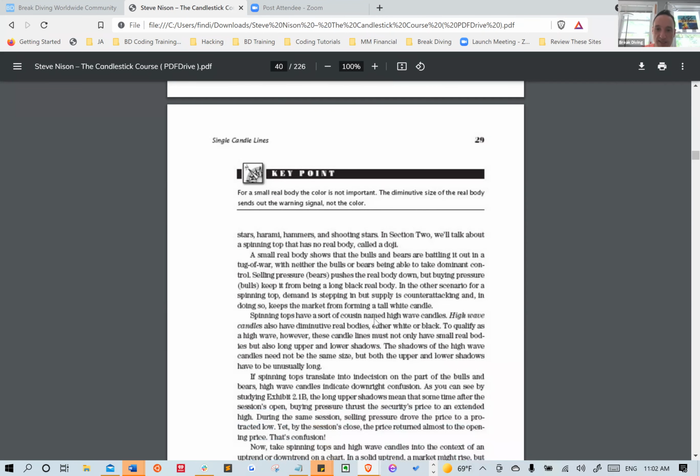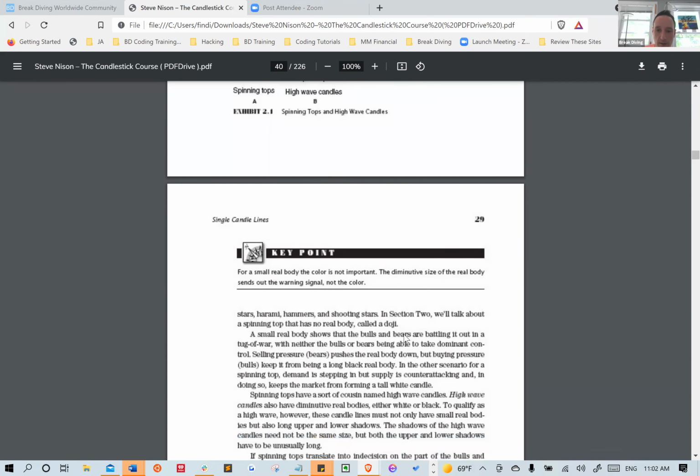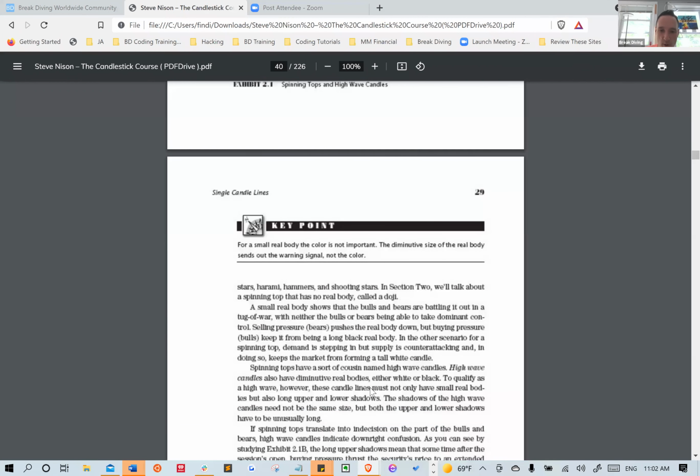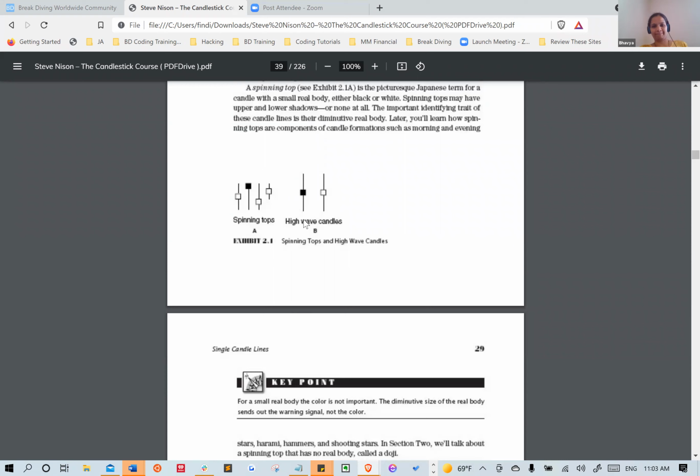Spinning tops have a sort of cousin named the high wave candle. High wave candles also have diminutive real bodies, either white or black. To qualify as a high wave, however, these candle lines must not only have small real bodies, but also long upper and lower shadows. So that's why this is a high wave candle. This one is a spinning top because it's a shaved top. The third one is a spinning top because the lower tail is short.